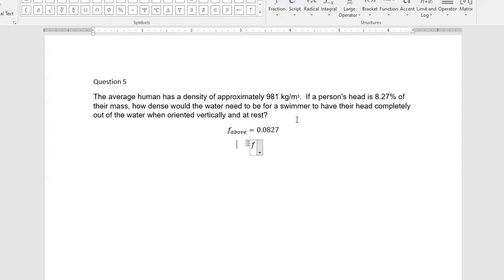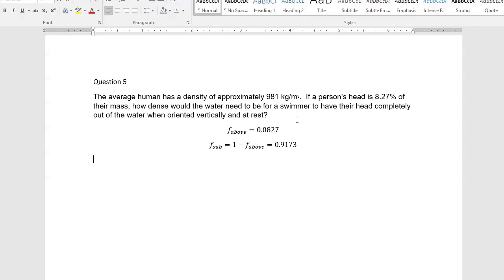And so if we're looking for what's submerged, it's 1 minus that. So in this case, that's going to be 0.9173, something like that. You can check my math later. Okay, so now we know how much is submerged.